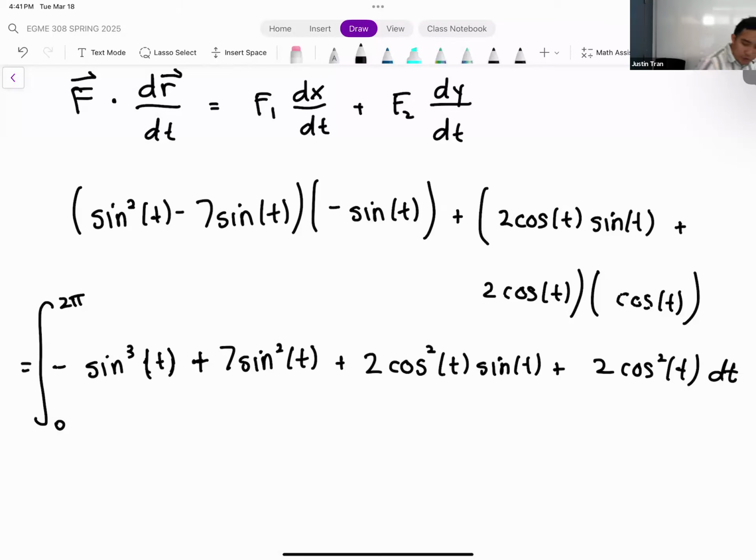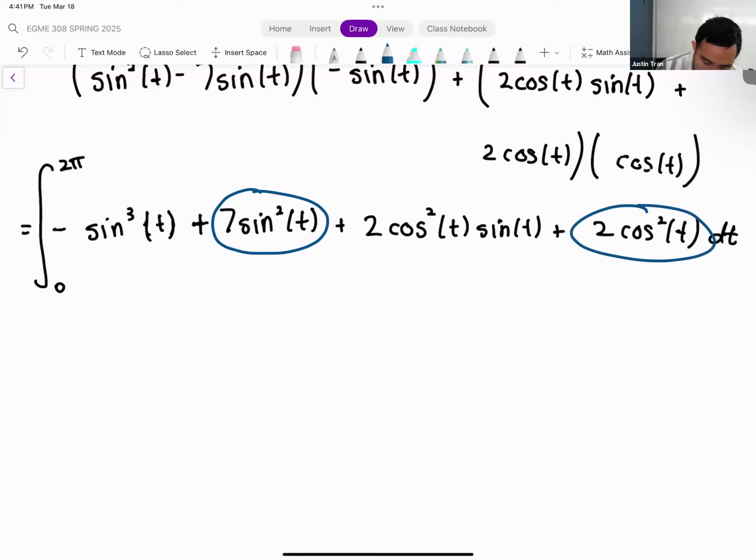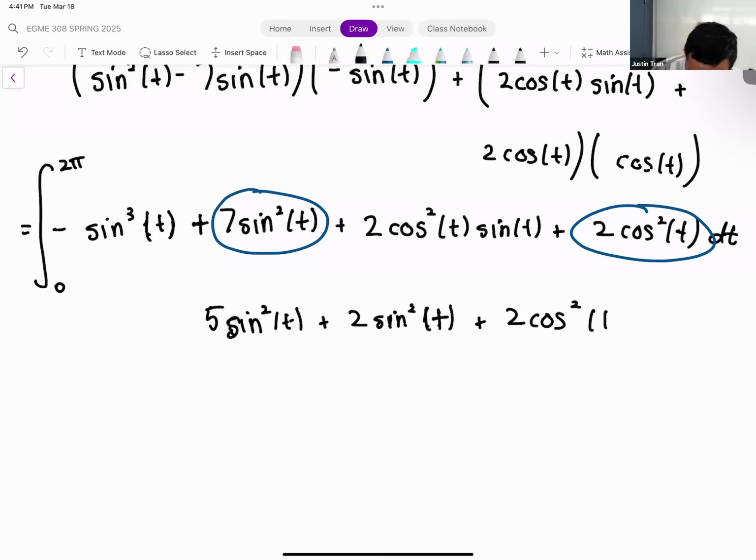Okay. So one thing for sure is that you can combine, right? So we have a 7 sine squared of t and a 2 cosine squared of t. And so you can combine these together into 5 sine squared of t plus 2 sine squared of t plus 2 cosine squared of t.